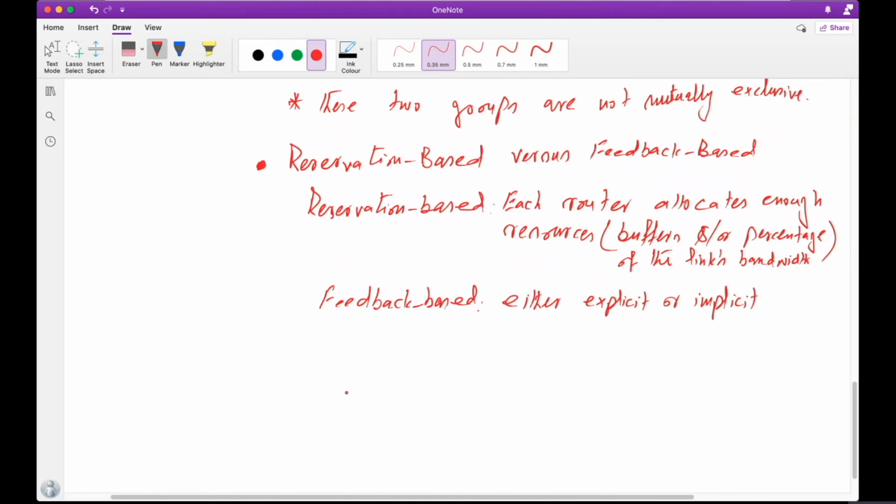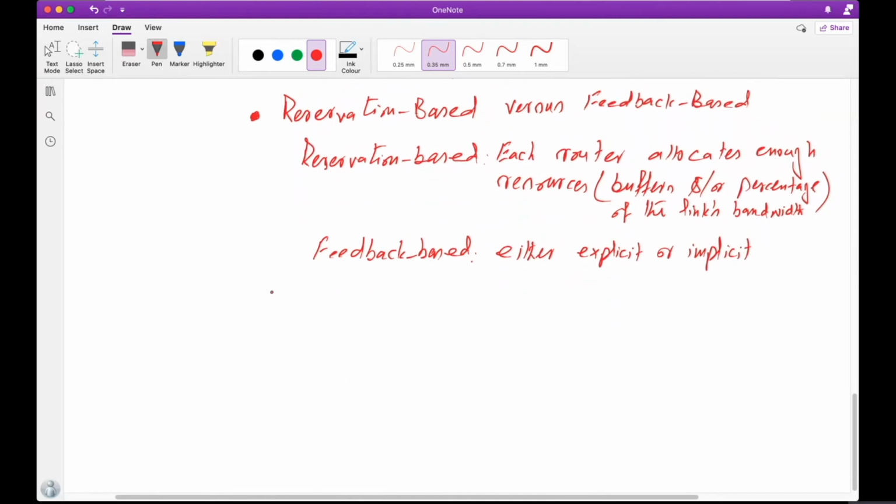Okay, and then there is another category here in the taxonomy of resource allocation, and it's called window-based versus rate-based.